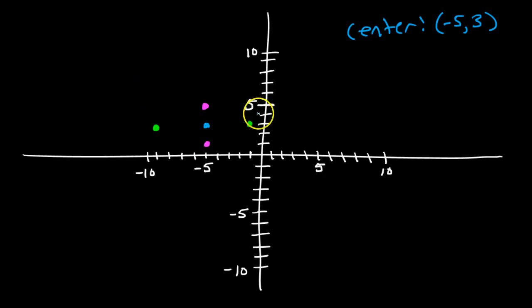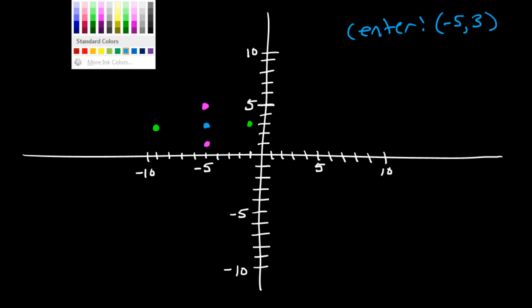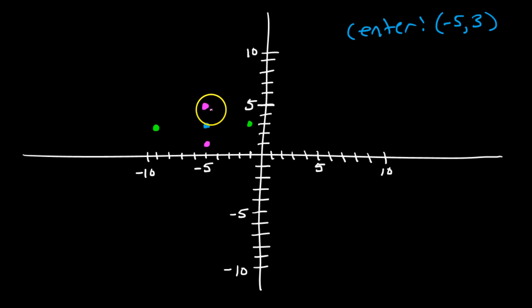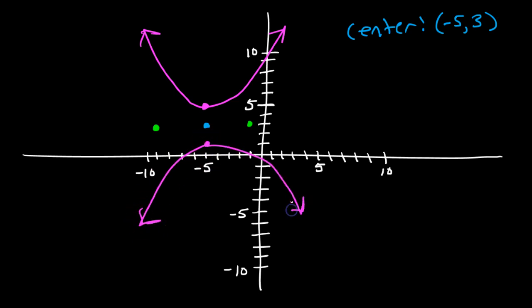Also, because this is a vertical hyperbola, these are the vertices, which means that ultimately the branches are going to be facing upward and downward. Okay, this is a vertical hyperbola. And whenever I have a vertical hyperbola, the y term goes first.